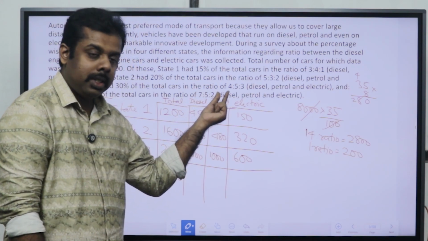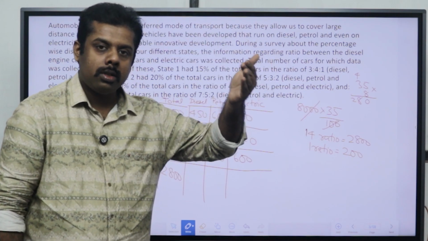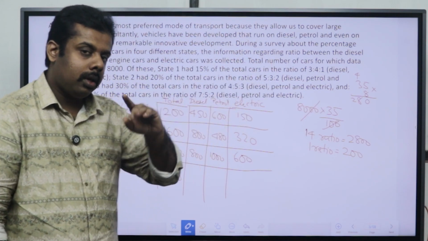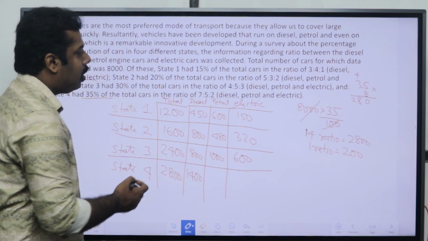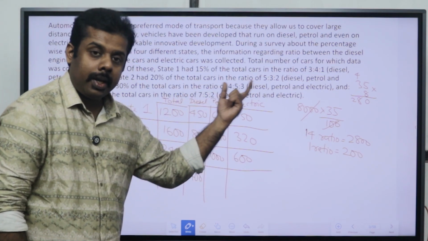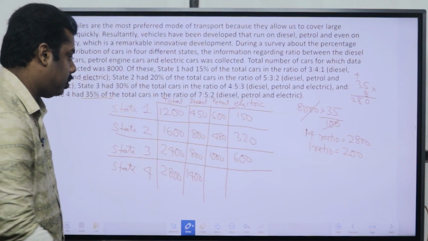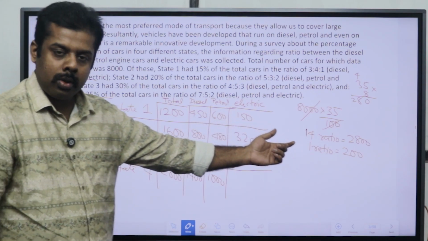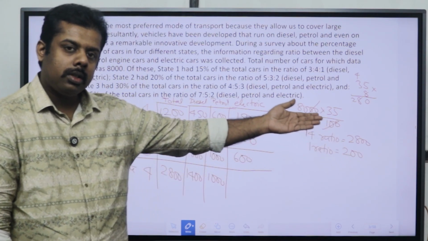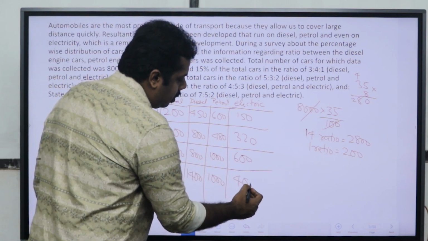The ratio of diesel here is 7, so 7 ratio has to be 7 into 200, that is 1,400. Now for petrol, this 5 ratio, 1 ratio is 200, so 5 ratio has to be 1,000. Now the last data is 2 ratio. Since 1 ratio here is 200, 2 ratio has to be 400.